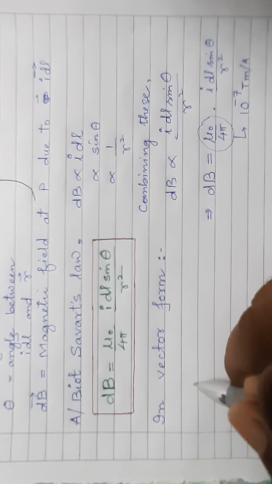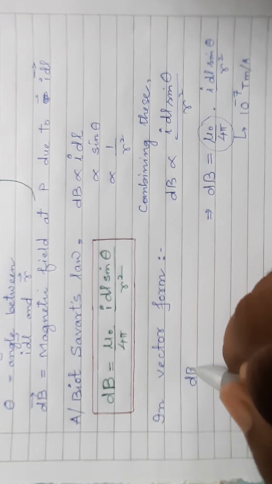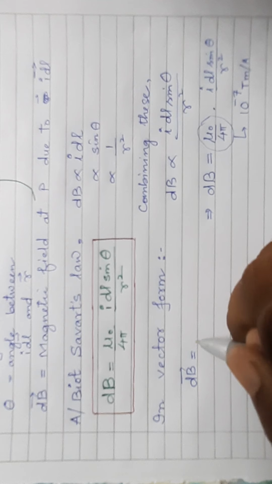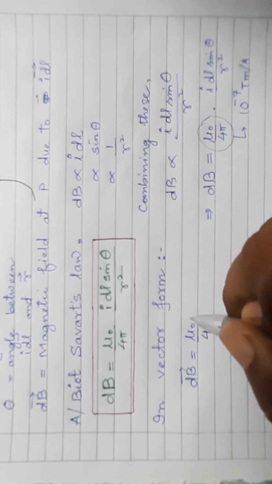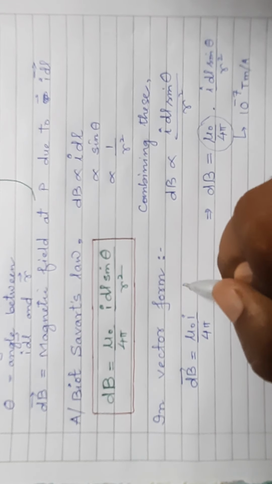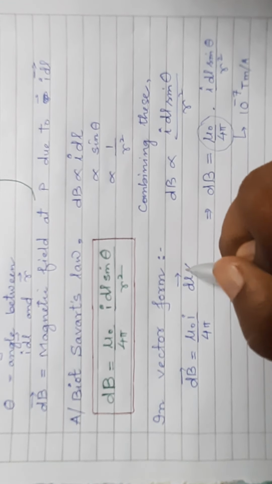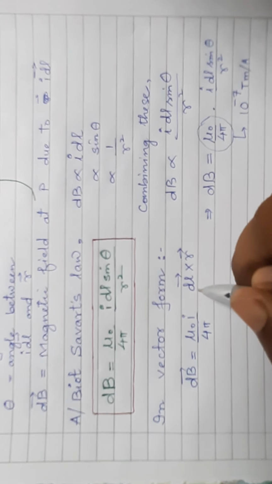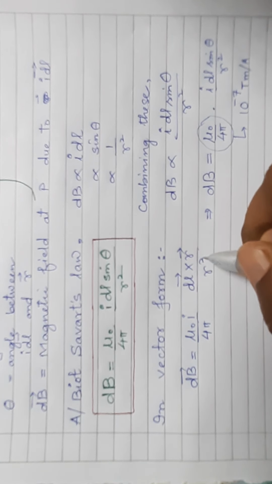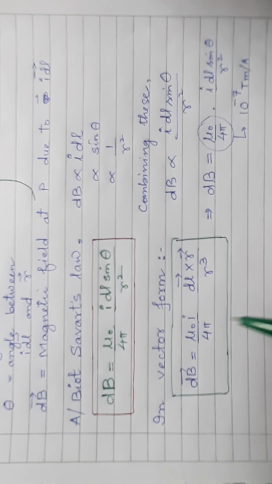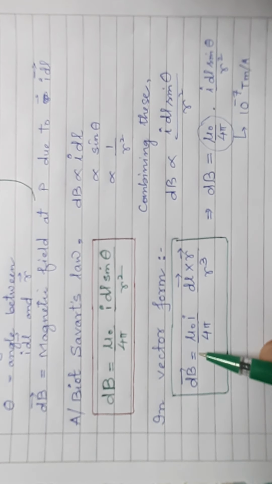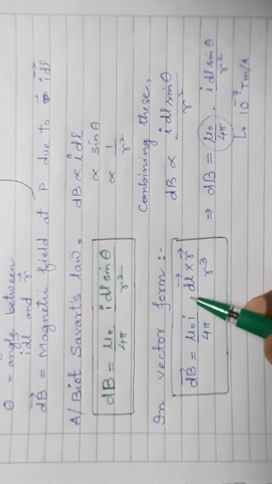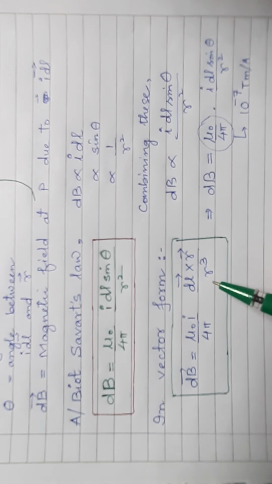The formula is dB vector equals mu naught by 4 pi I dl vector cross r vector by r cube. So Biot-Savart's law in vector form is dB vector equals mu naught I by 4 pi dl cross r by r cube.